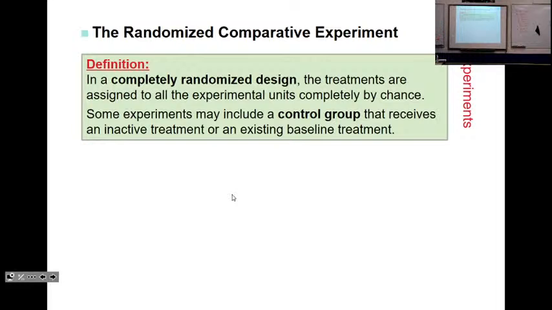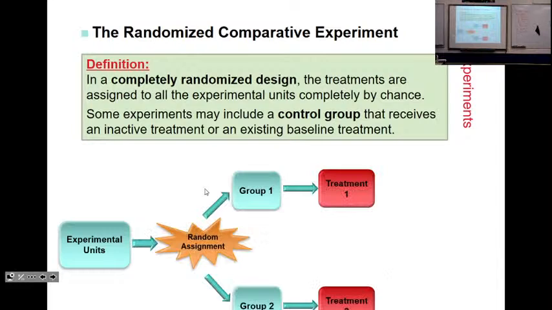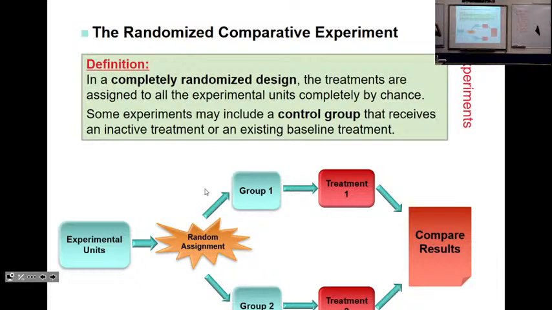Or if there are 3 treatments, a third of them get treatment A, a third get treatment B, a third get treatment C. Kind of like how the simple random sample is the easiest type of sample to take, where we just choose a group at random, completely randomized design is we just put them into our 3 groups. And so here's how that diagram will look.